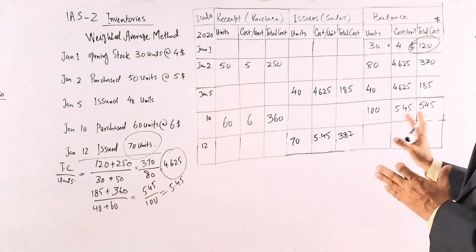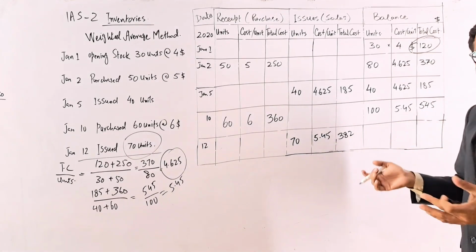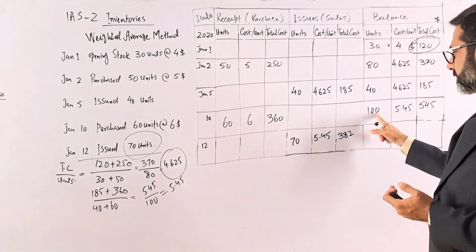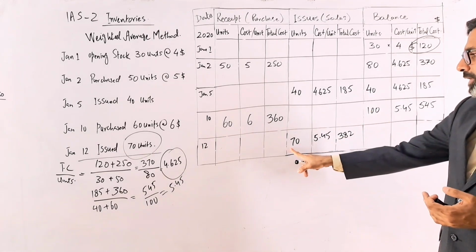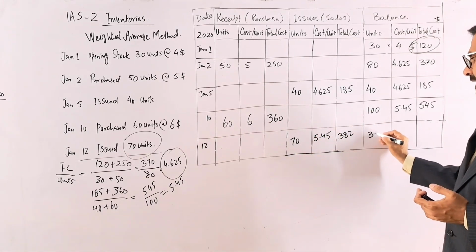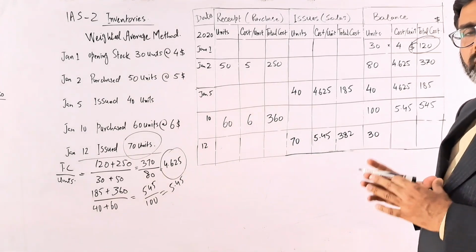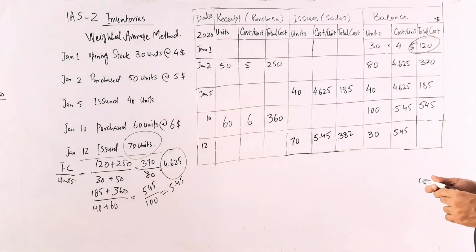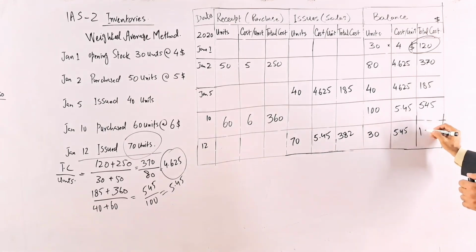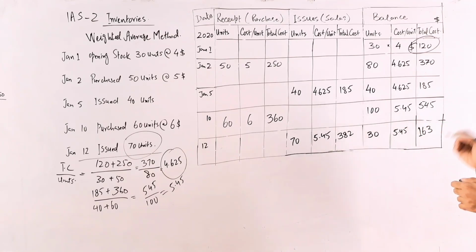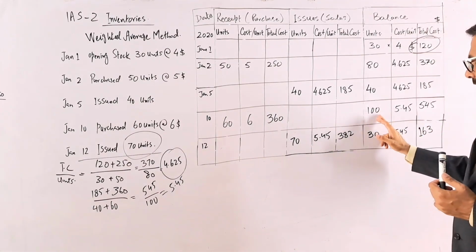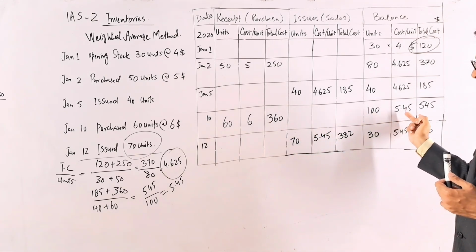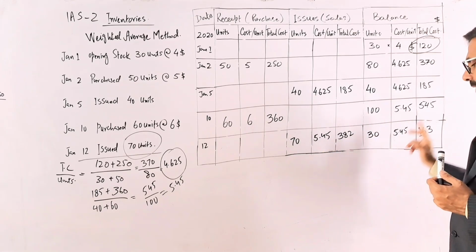Now the last thing we have to find out is the closing stock after this sale. We have 100 units, 70 units issued, so the remaining balance is 30 units. The weighted average cost was the same, 5.45.